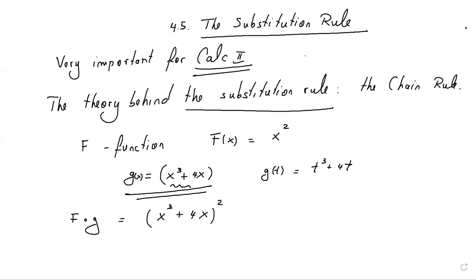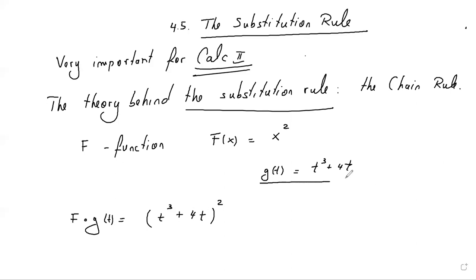So I'm going to delete this part and say g of t. Then the composition will be a function of t, which is t cubed plus 4t, squared.